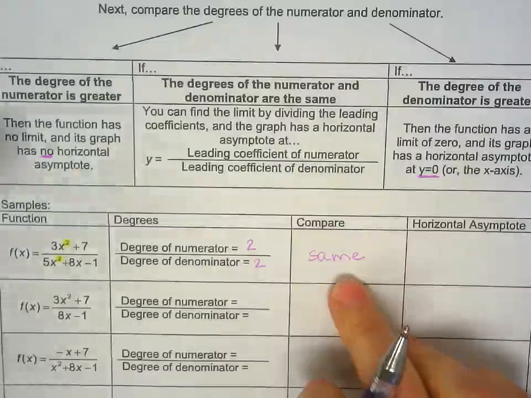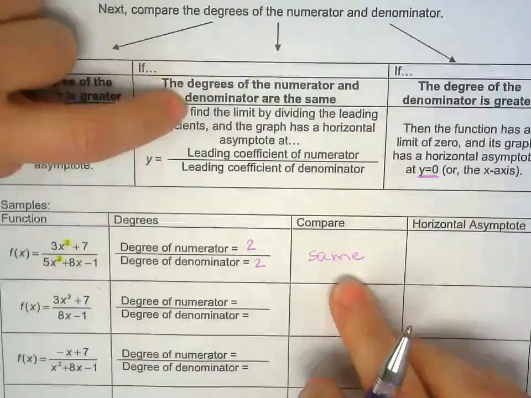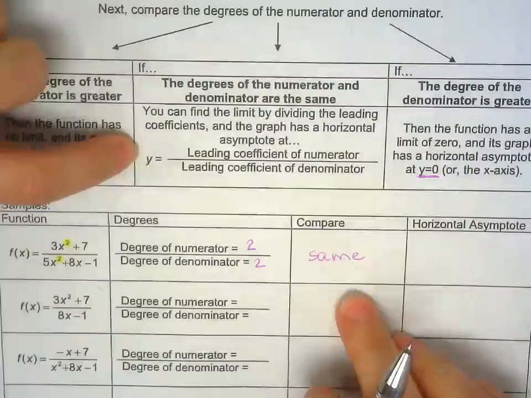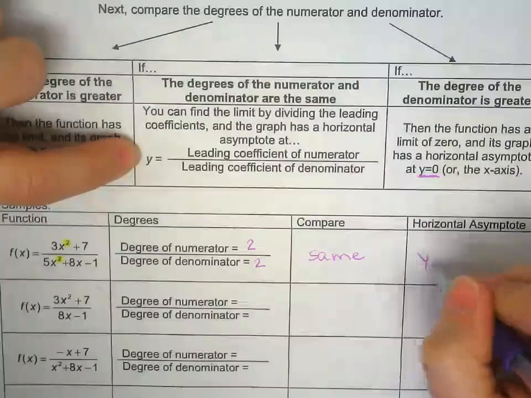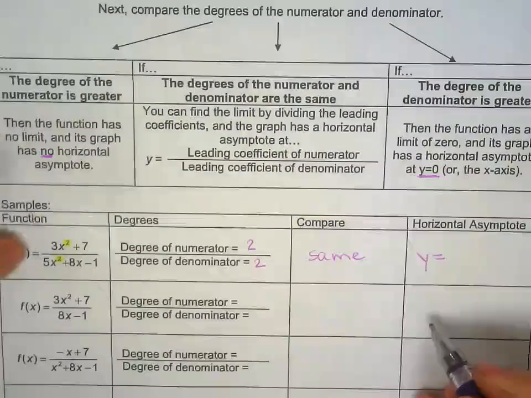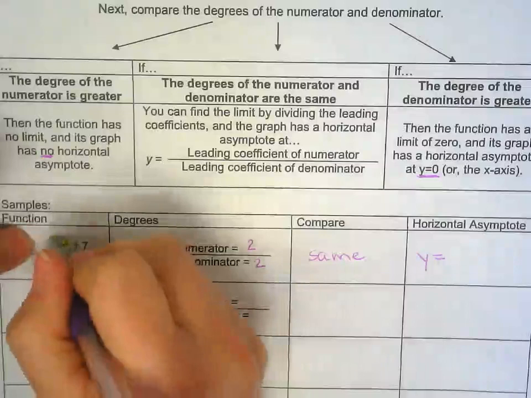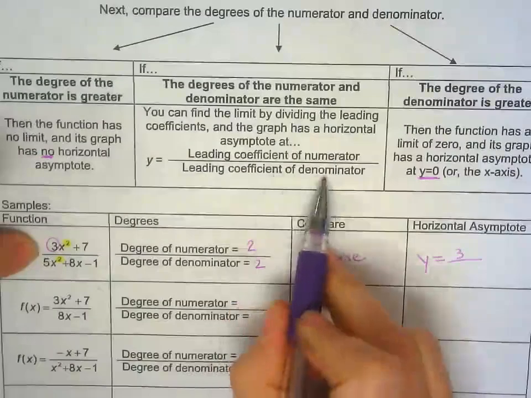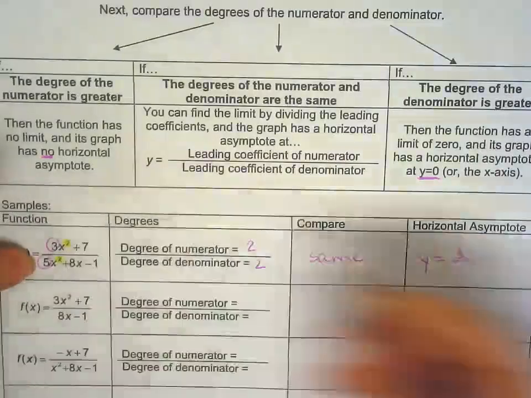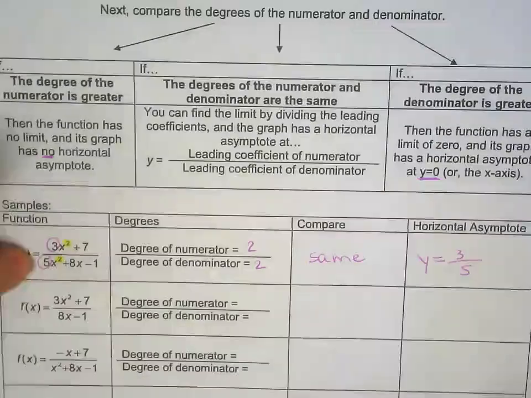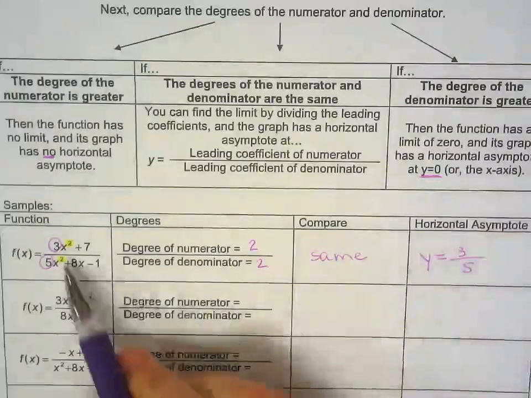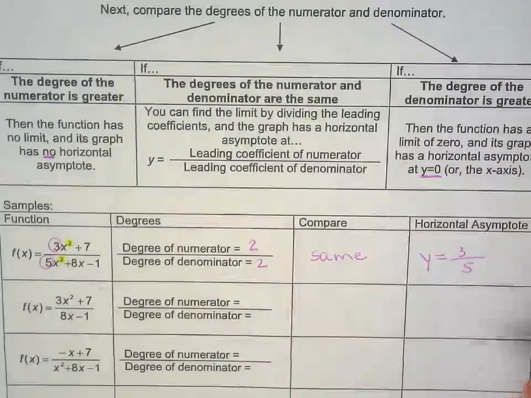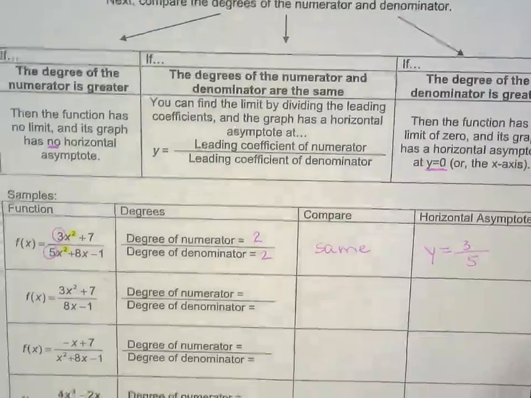So when the degrees are the same, you're going to look at the leading coefficient right here. The leading coefficient for the numerator is 3. The leading coefficient for the denominator is 5. Therefore, your horizontal asymptote for this function is right at y equals 3 over 5.